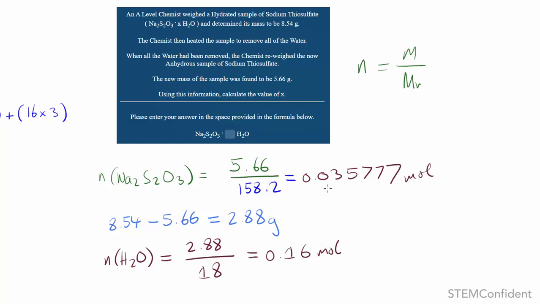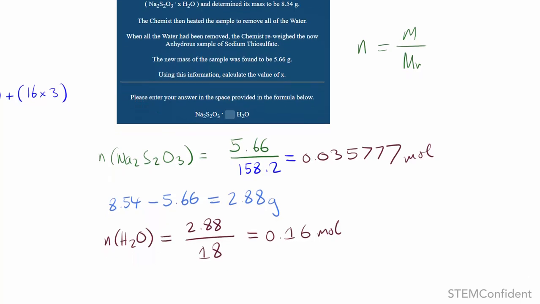So now we have the number of moles for the Na₂S₂O₃ and that of the H2O. As you can see, Na₂S₂O₃ is on the left hand side, so I'm going to put together a molar ratio comparison and keep to that same convention.